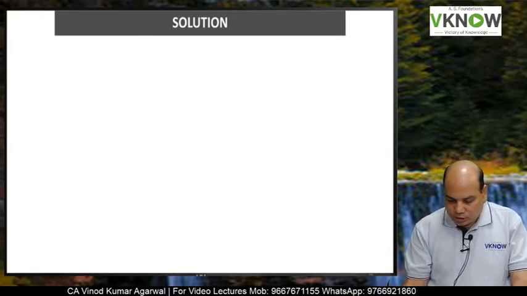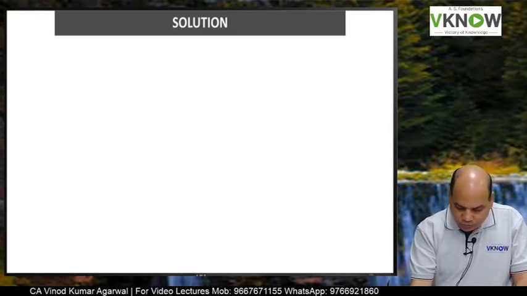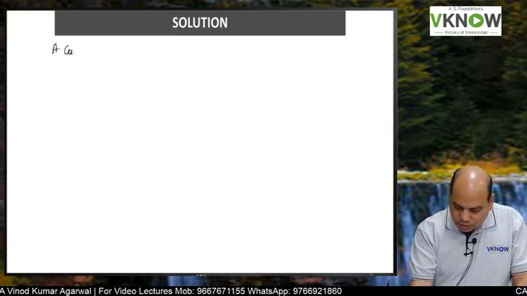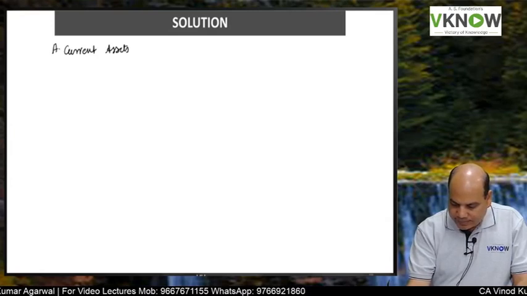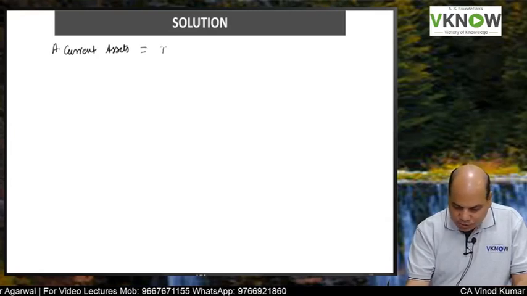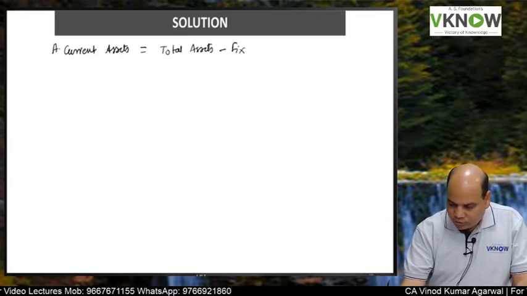First write down point A, current asset. Current asset will be total asset minus fixed asset. Do you agree?